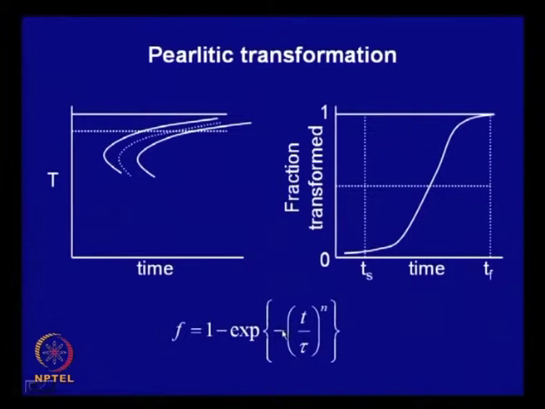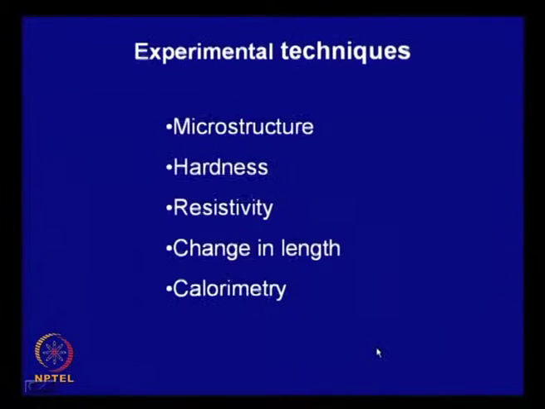Instead of k, which is outside this parenthesis, we have put tau, t over tau. Tau is some characteristic time, we will come to know about it, and it is t over tau raised to the power n. So, this is the famous Johnson-Mehl-Avrami equation, and we will know about how it is possible to derive that, and in this particular case we do expect this type of representation.